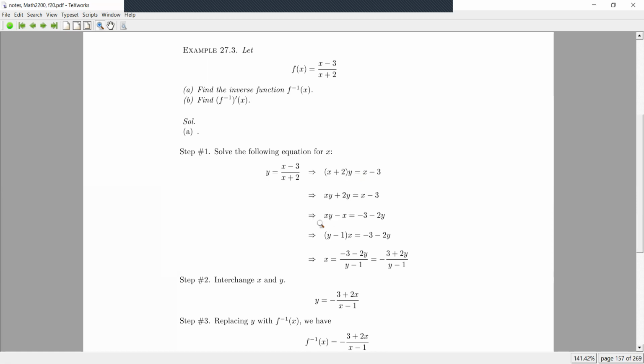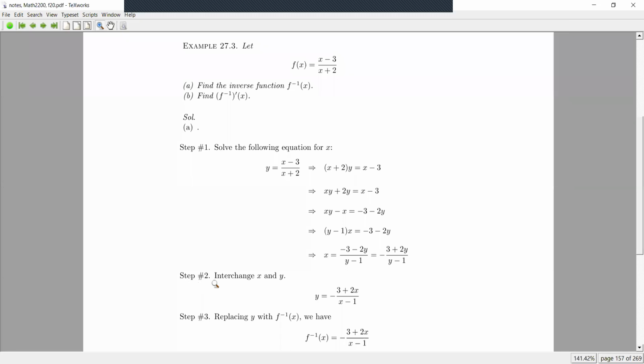Factor out x on the left side, I have this equation. Move the factor y minus 1 to the right side, I have this equation. Take out the minus sign on the top, then I have this equation. Step 2.